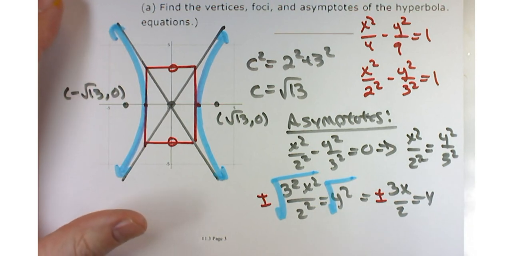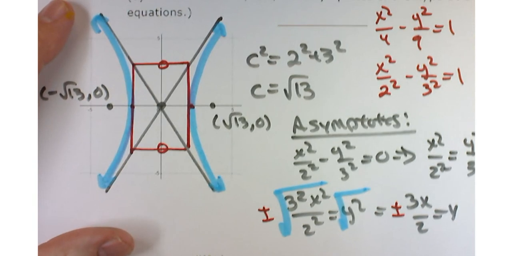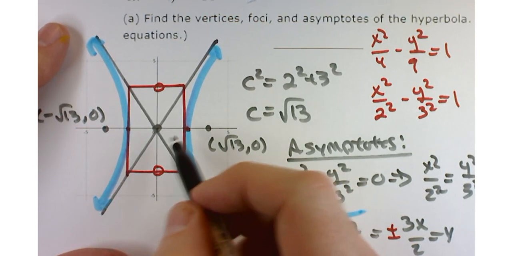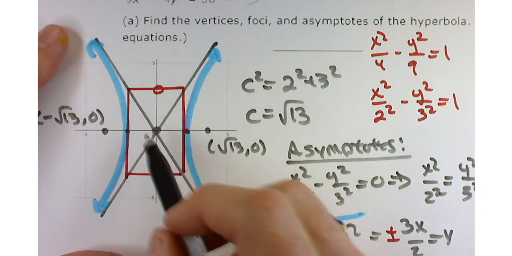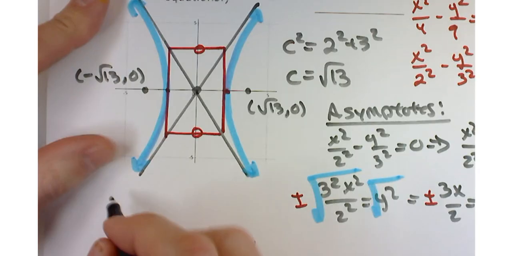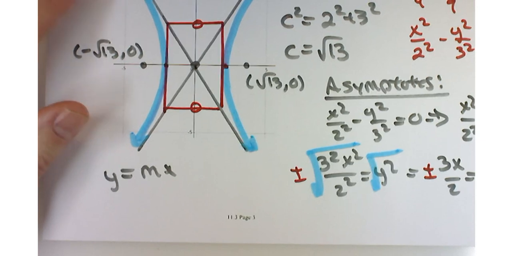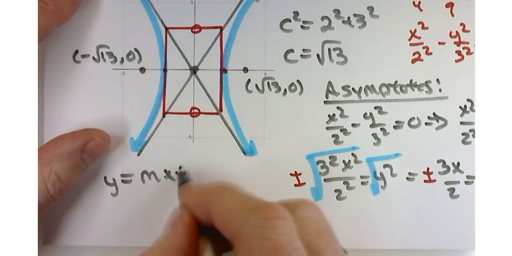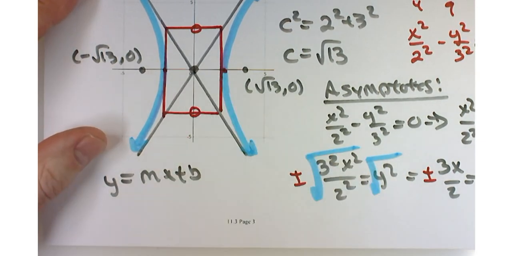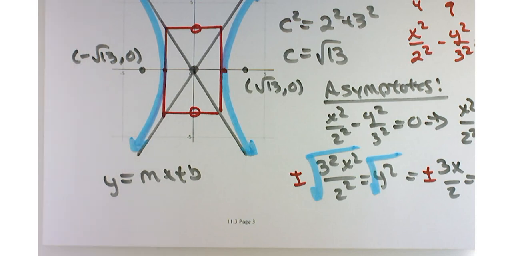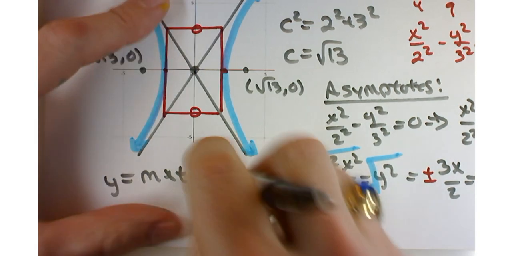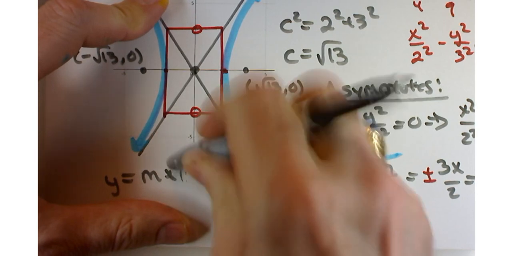If you looked at this kind of closely, you'd see that there's another way you can get that one. Our equation of a line through the center has to have the form y equals mx. The b part is 0, right? Because you're going through the origin. So we can ignore the b.